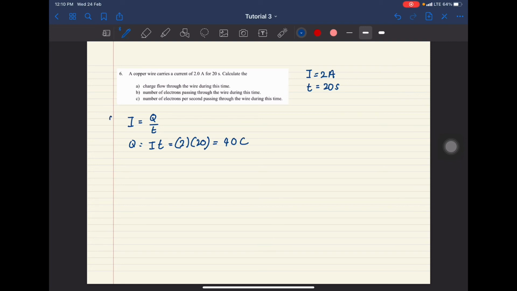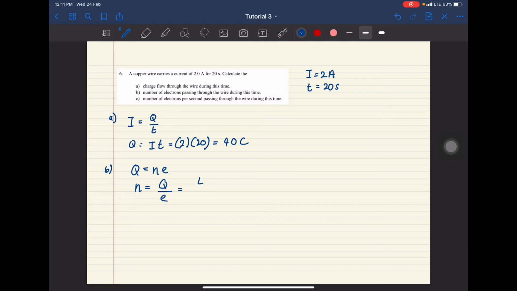That's for A. For question B, the number of electrons passing through the wire during this time. You already have the charge. I can relate it with the equation Q equals N e, where N is the number of electrons. So I want to calculate my N, the charge divided by the charge per electron.